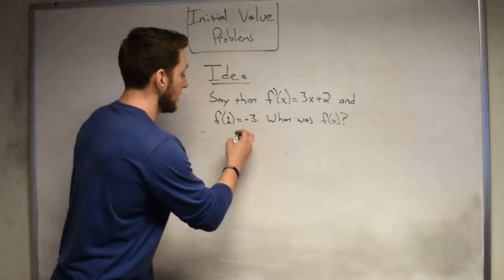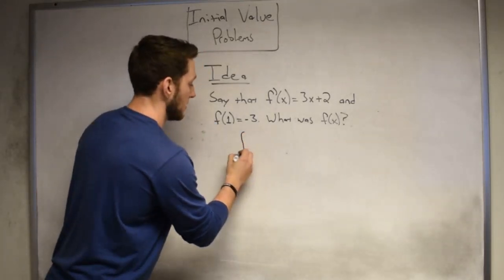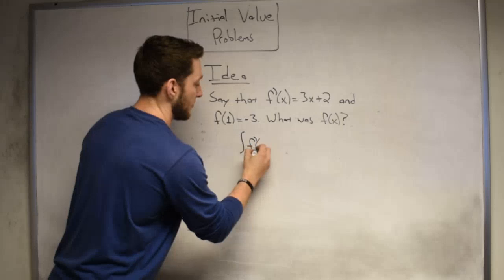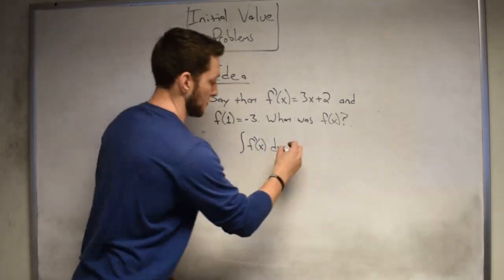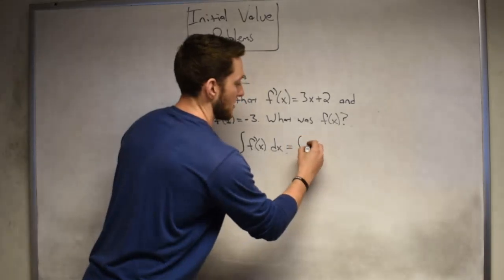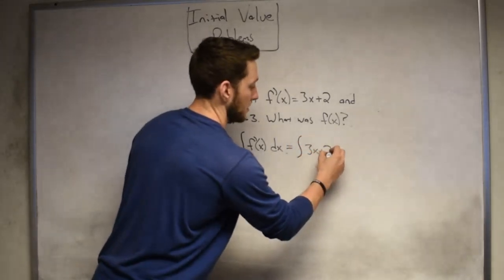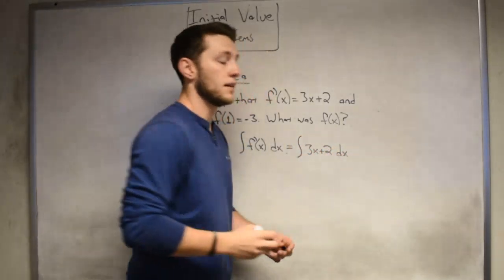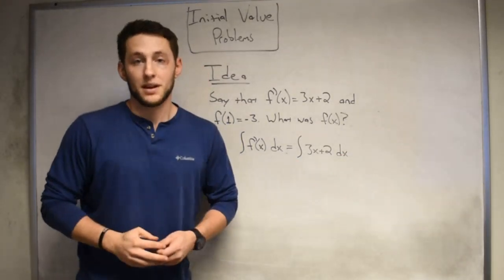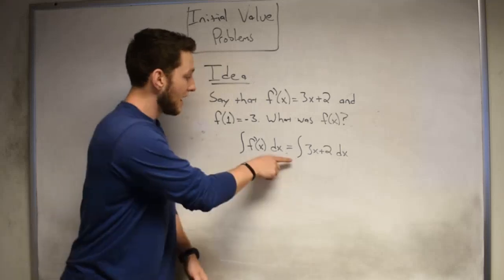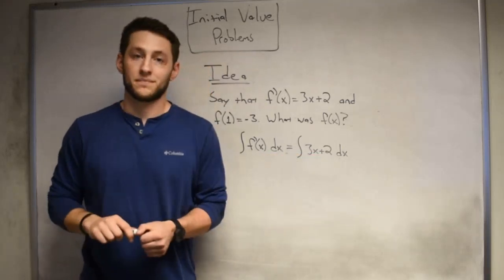Now remember that if I do something like this, the integral of f prime of x with respect to x, which we could write as just the integral of 3x plus 2, when I actually carry out this process, I'm going to land on something that when I derive it, I get back to just 3x plus 2.